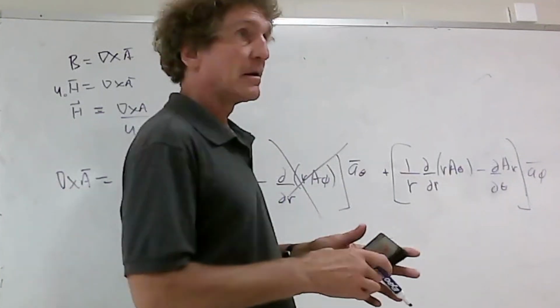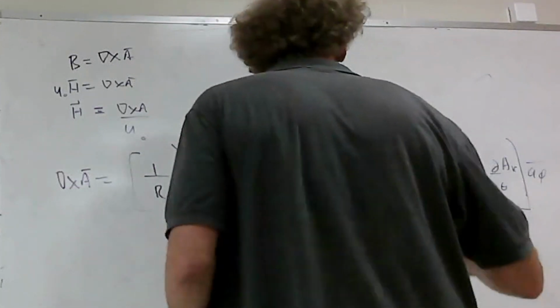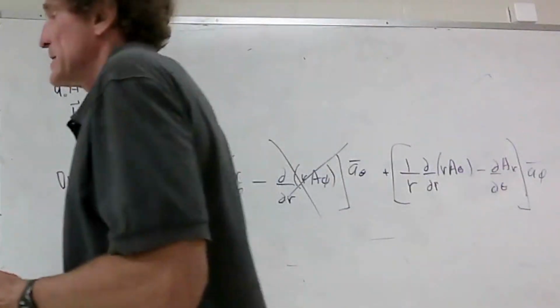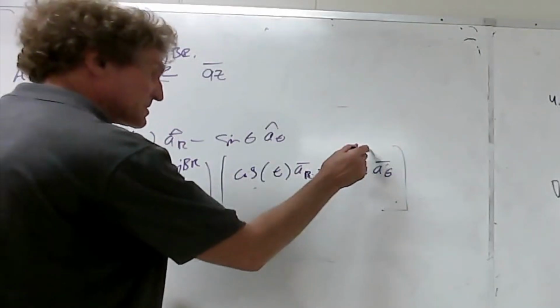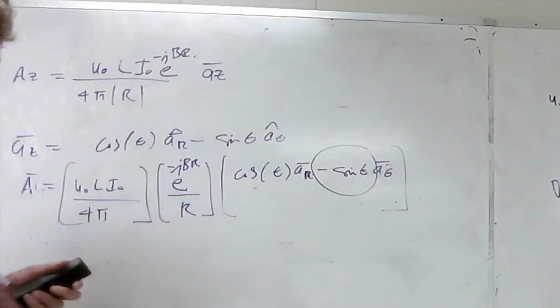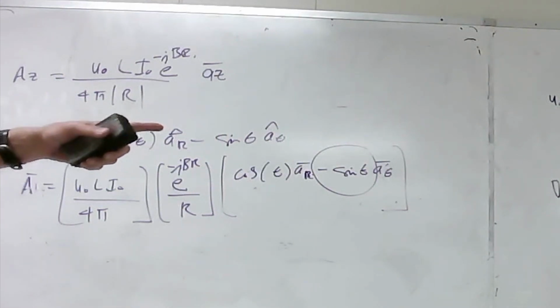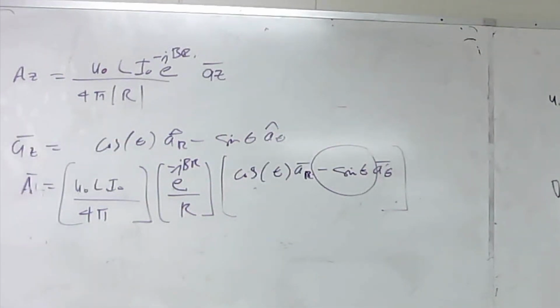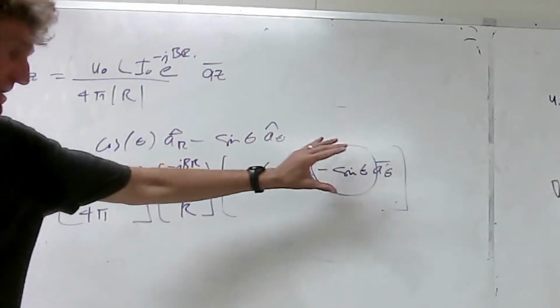Now we come over here, and take a look at this. Is there an A theta? A theta means the coefficient of the unit vector theta, and there is, right? You'll notice that this is something that's a coefficient of theta, right? And you can also see for A theta, I also have all this, right? I mean, it's this times all that.